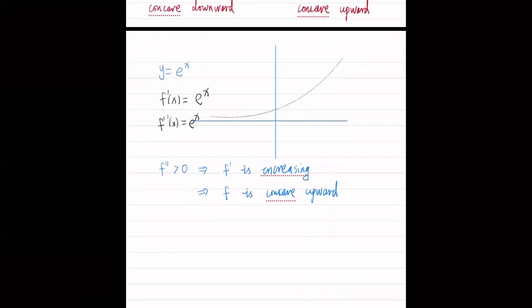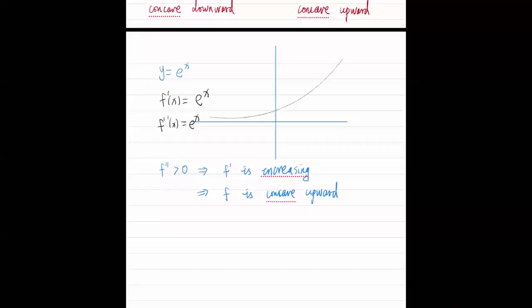So if we go with the logarithm, it is increasing, but increasing at a slower rate.